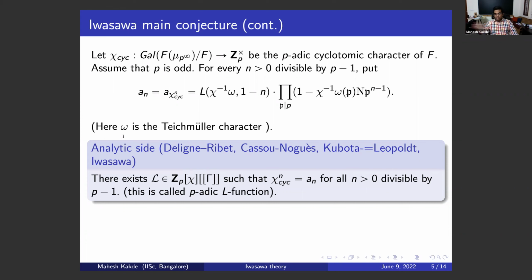Otherwise you will simply get an element in Q_p[G] rather than Z_p[G]. So congruences imply the integrality property, and this is similar, but over completed group rings. The congruences are somewhat more complicated, and these are the congruences that Deligne-Ribet and Cassou-Noguès prove.